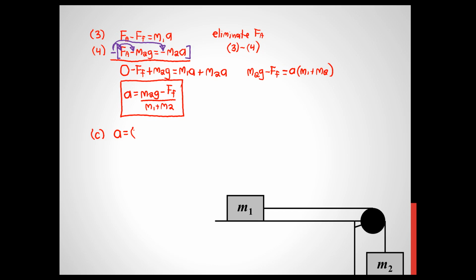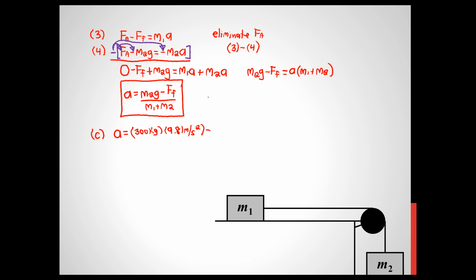Okay, so M2 is the larger mass, so that is 300 kilograms. Multiply by G, that's just the magnitude of the acceleration due to gravity, so 9.81 meters per second squared. Subtract the force of friction.